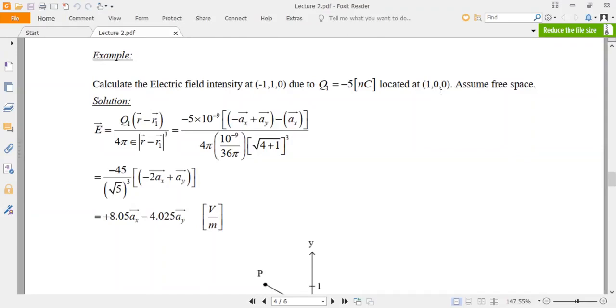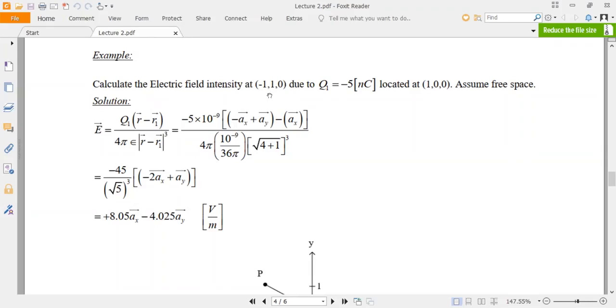We cannot see it, but when we bring a charge, it will experience a pull or a push, and that is your field. And we want to find what that field is at (-1, 1, 0). What will be the magnitude of that field?